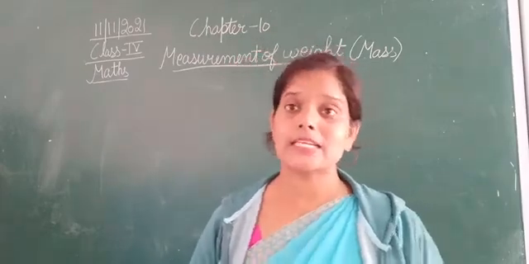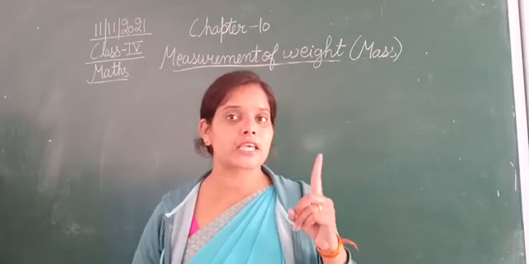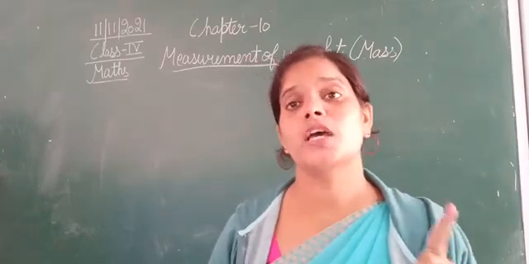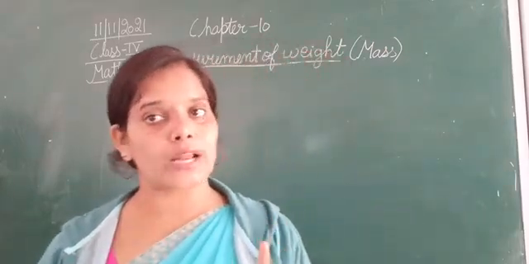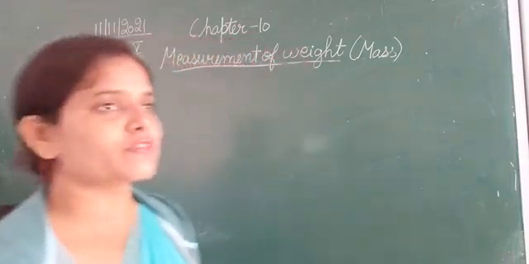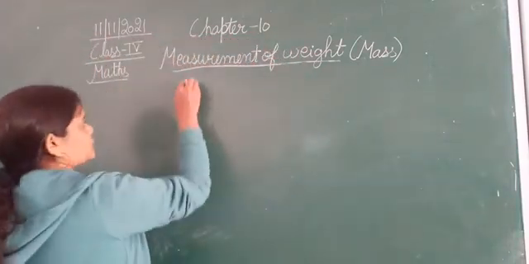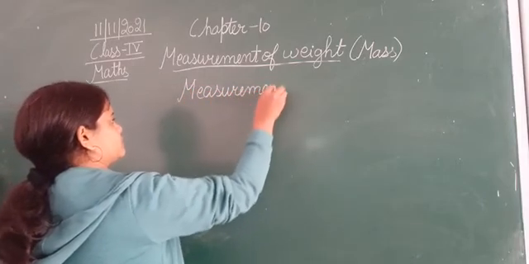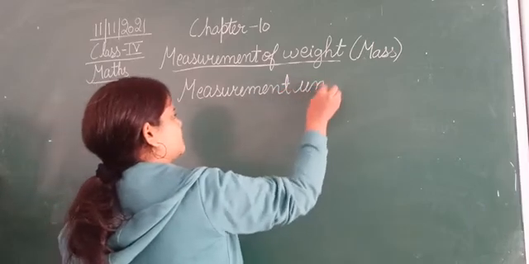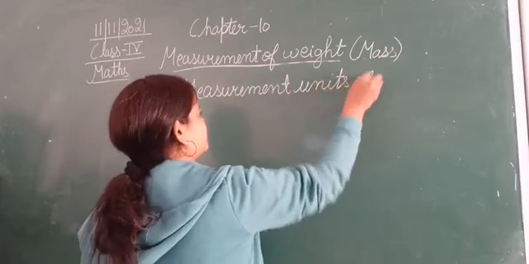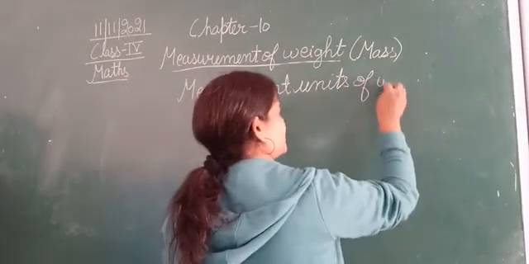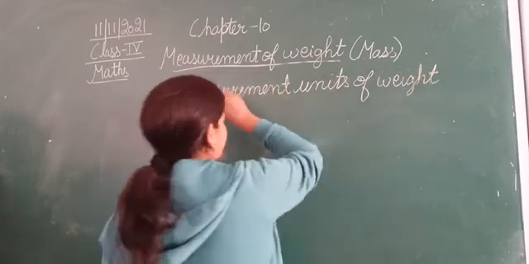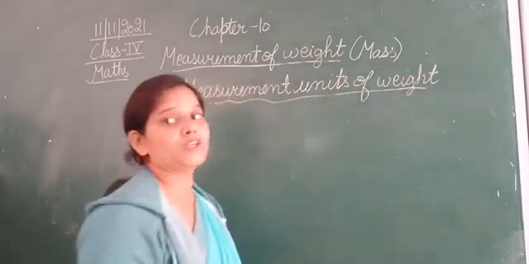Okay, so there are basically two units for measuring the weight, that is kg and gram. Kg is kilogram. So the two measurement units of weight are, basically we use these, there are several others as well, और भी हैं, but basically we use these.